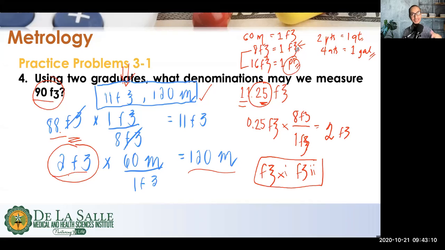And so the same goes with minims, fluid drams, fluid ounces, pints, etc. So, the first step that you will do is you have to identify the nearest larger denomination by which you can measure 90 fluid drams. The next larger denomination by which you can measure 90 fluid drams is fluid ounce.